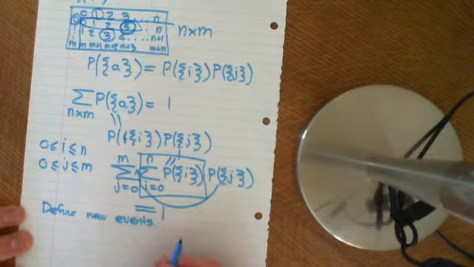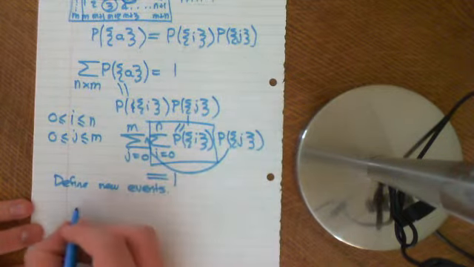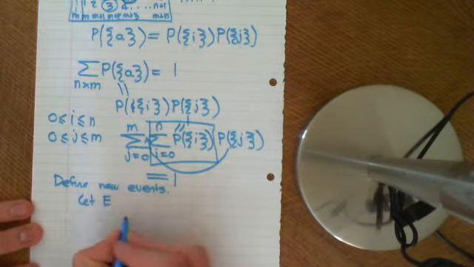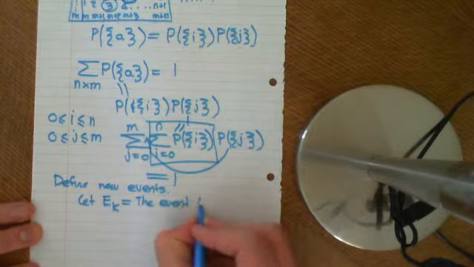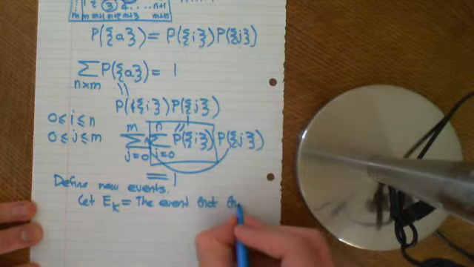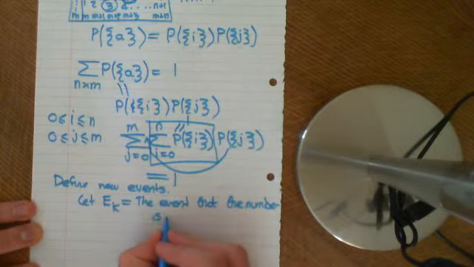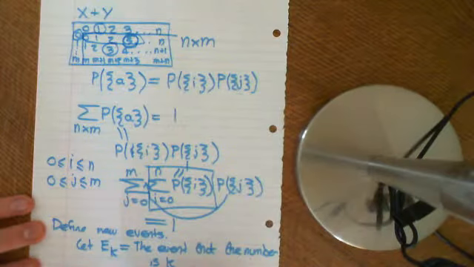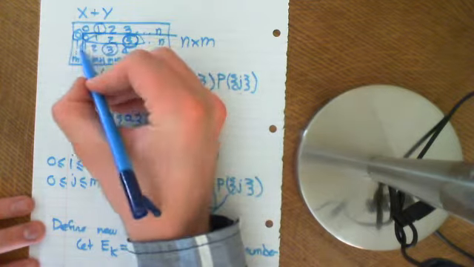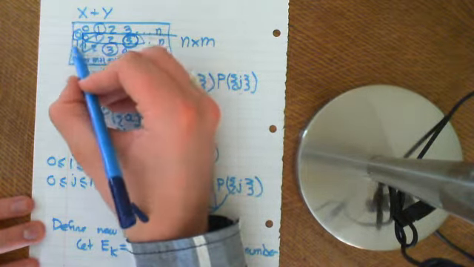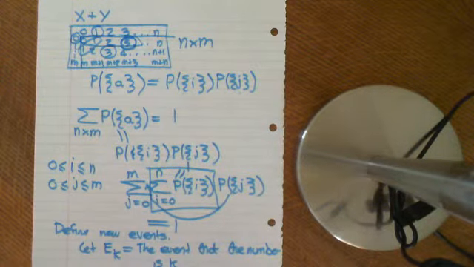Let E_K equal the event that the number is K. So basically, I want the set containing all the elements A of this new sample space, such that A is equal to K. For instance, if we look at 1, there are two elements here which are both 1, i.e. 0 plus 1 and 1 plus 0, and I want you to put both of those outcomes into a set and call that the event that you get a 1.